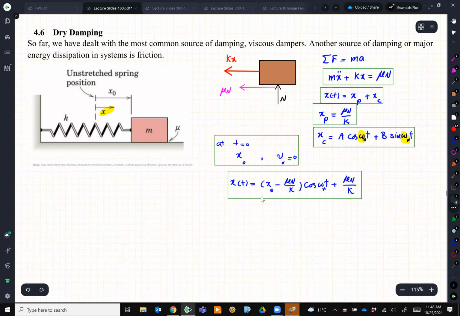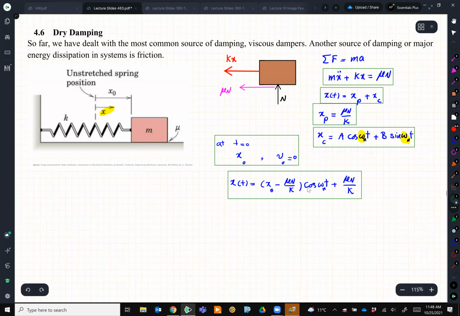So now in this equation, take a look, we have x0 minus a value here and then cosine omega nt. Remember in viscous damping, the amplitude of vibration becomes smaller and smaller until it gets to 0.